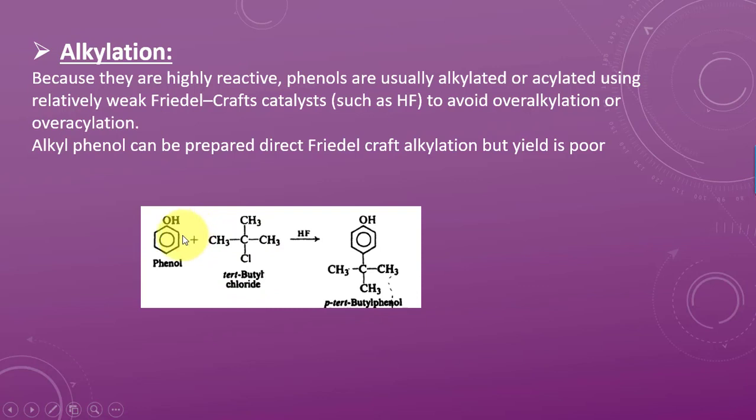So in order to prevent that, we use a weak Lewis acid and react the alkylating agent with the phenol, and here the alkylation takes place. Friedel-Crafts alkylation takes place in case of phenol, but this reaction is not appreciable because a good yield is not obtained in this case.